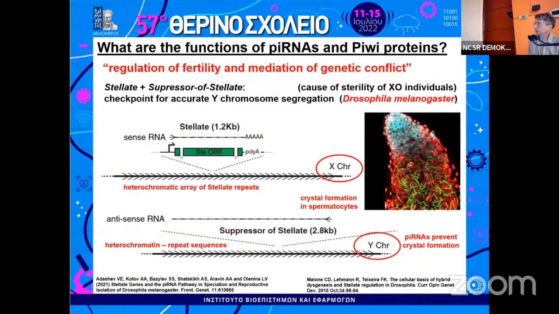On the other hand, on the Y chromosome, there is also a heterochromatin locus with repeat sequences, which is called the Suppressor of Stellate. This locus produces piRNAs, which will neutralize the expression of the Stellate protein. In that case, normal spermatogenesis can occur. So only in the presence of the Y chromosome do you get normal spermatogenesis.